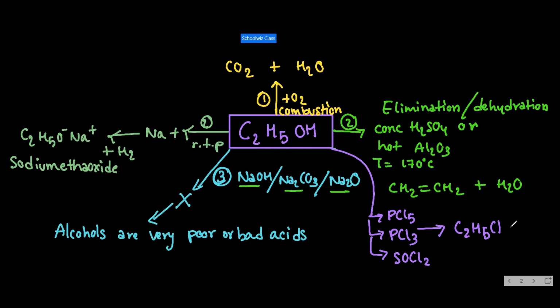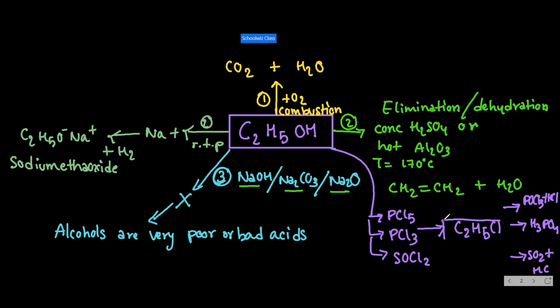With PCl5, the byproducts will be POCl3 with HCl. The second one, PCl3, will give you H3PO4, phosphoric acid, and the third one, SOCl2, will give you sulfur dioxide with HCl.